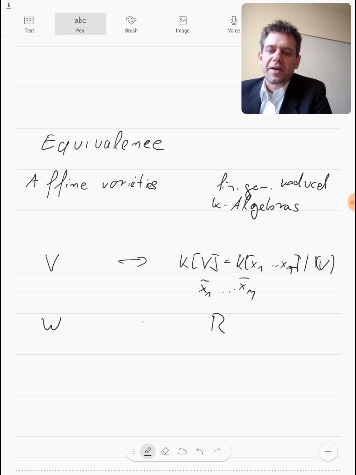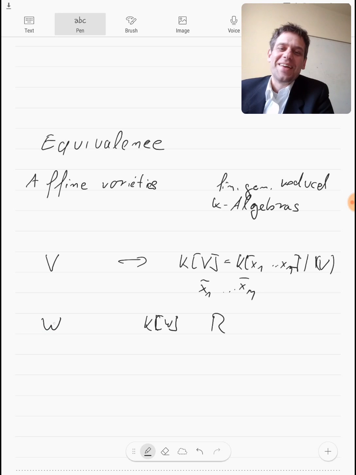So can we find a W such that k[W] is isomorphic to R?